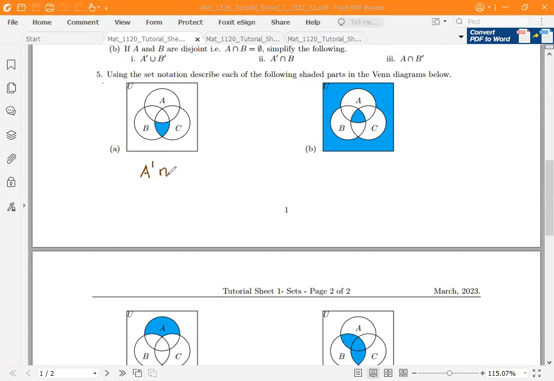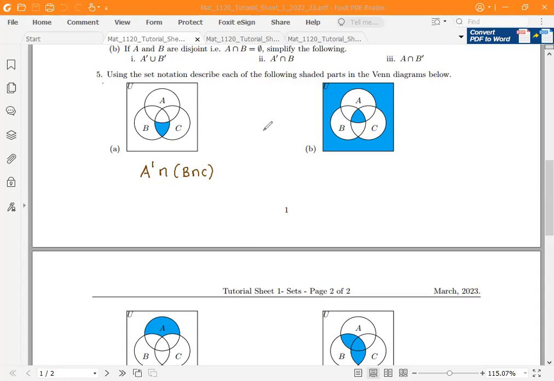Now we see between B and C, the space there is shaded, but part of it is not. So we describe the space remaining and the intersection C. Had it not been for A complement, the B part that is in C and also in A would have been shaded as well. But because of the A complement, it has been left out. So this is our description. There's no harm if you describe it by separating the two wings.